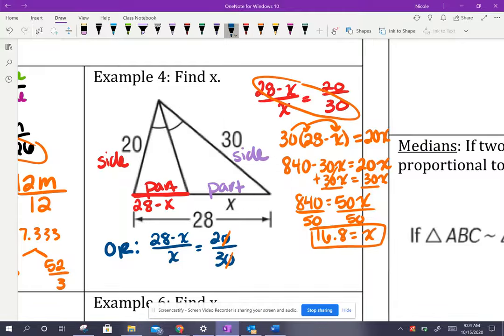So that way when you cross multiply, you have 3 times 28 minus X equals 2X as opposed to 840 and 20X. So this also works as well. It'll give you the exact same answer. So if you want to work with those smaller numbers, you can do that here.